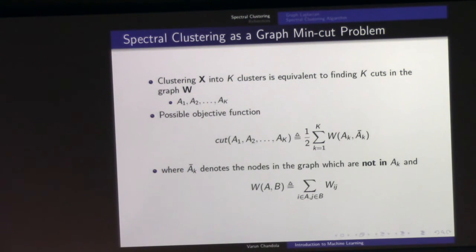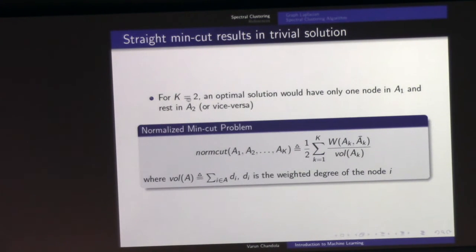However, there is a trivial answer for that. For example, if you just want to cut it into two parts, one easy way would be for one cut to be any one node and everything else is the other. Then you're minimizing the number of edges. So to address that trivial solution, you also weight it by the size of the cut. You want big cuts. You don't want cuts containing only one node or two nodes.